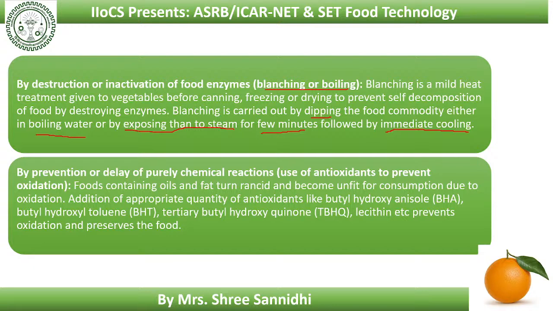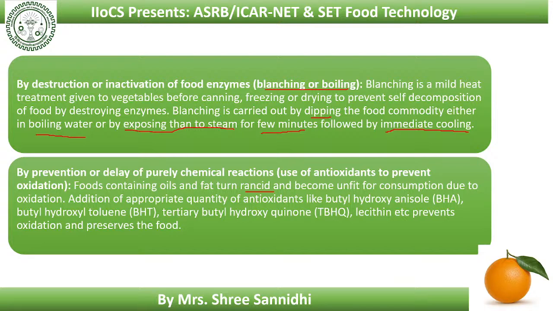Next is about prevention or delay of purely chemical reactions by using antioxidants to prevent oxidations. Foods containing oils and fat turn rancid and become unfit for consumption due to oxidation.